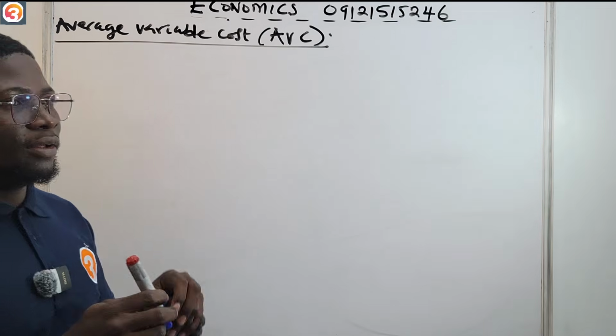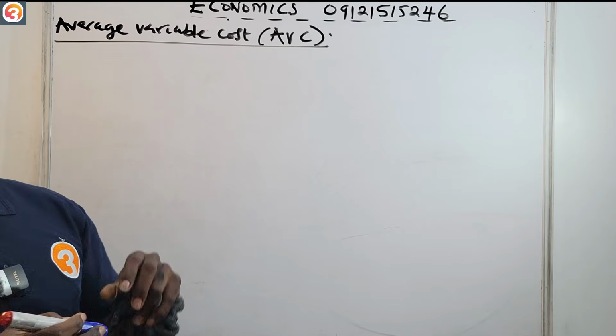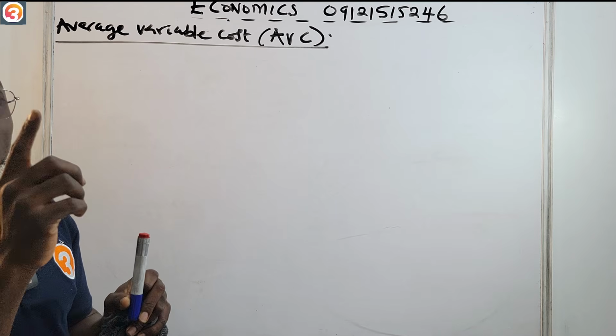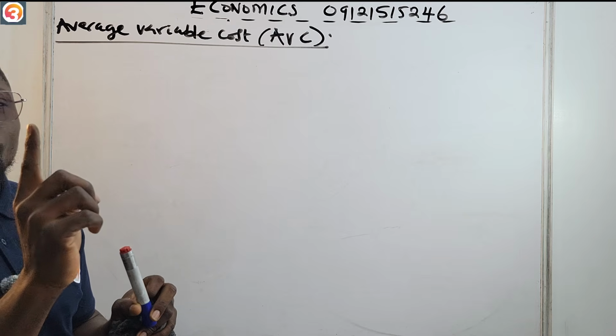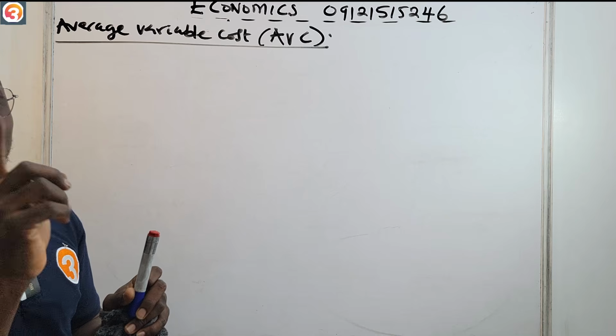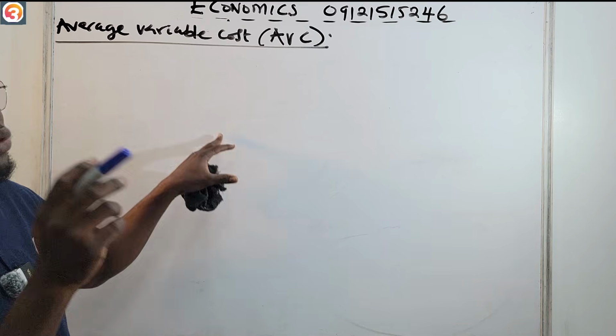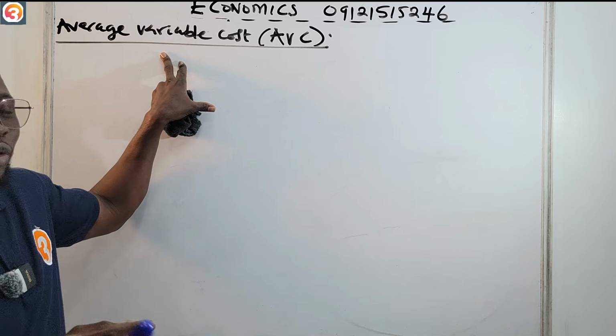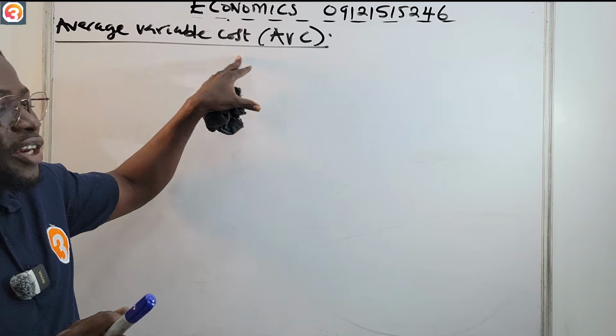Now the average variable cost is the cost of producing one variable factor of production. The cost of producing one variable factor of production is called average variable cost.